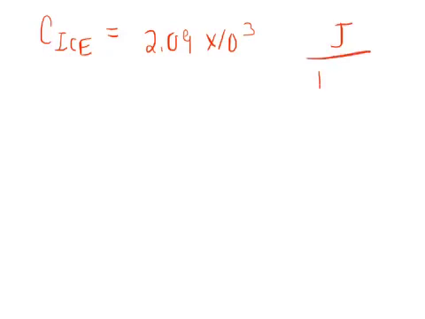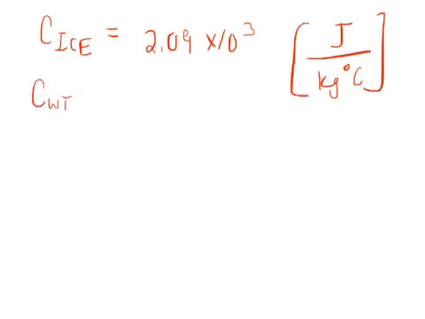We really need to start by listing our givens. So we need to know what the specific heat capacity of ice is first. And that's given in our table. It's on page 372. Ice is 2.09 times 10 to the third. And all of these units for specific heat are going to be joules per kilogram degrees Celsius.